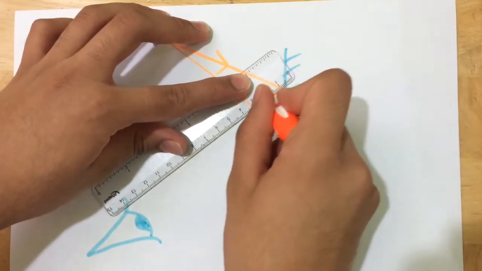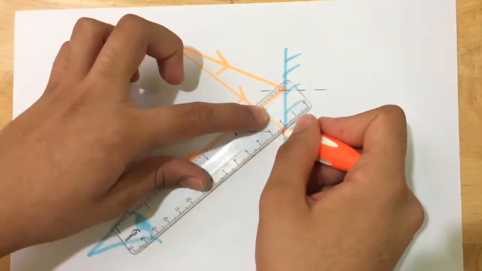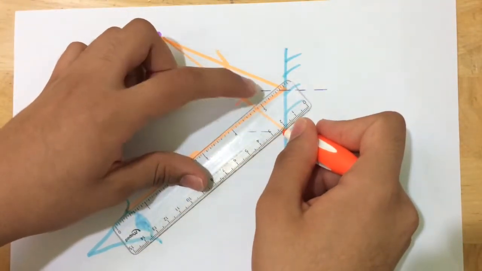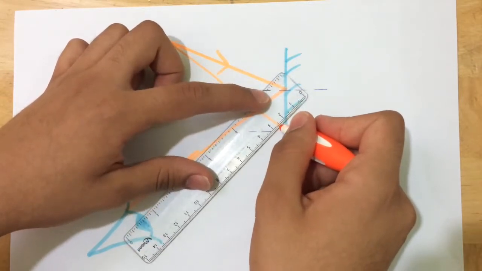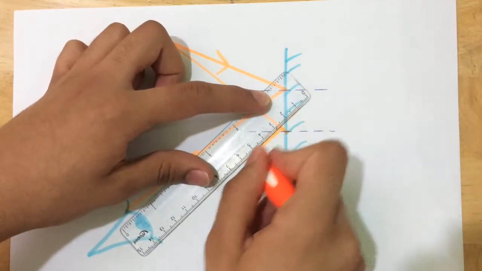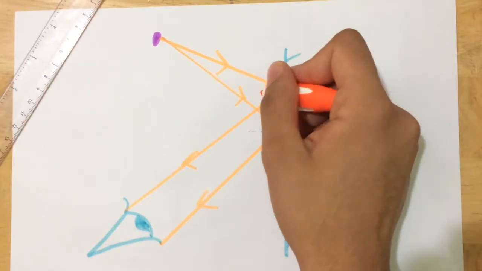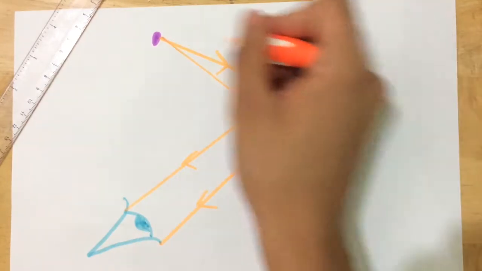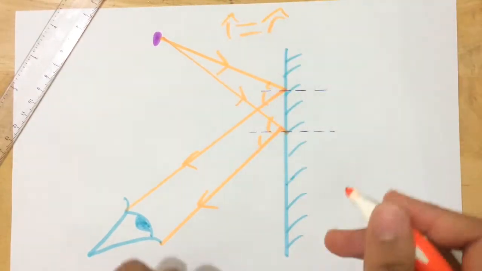So that looks about there. Ray 1 has been reflected, and then the second ray should be reflected as well. Say it's reflected about there. That looks accurate. And of course this angle has to equal this angle. Angle of incidence always equals the angle of reflection.